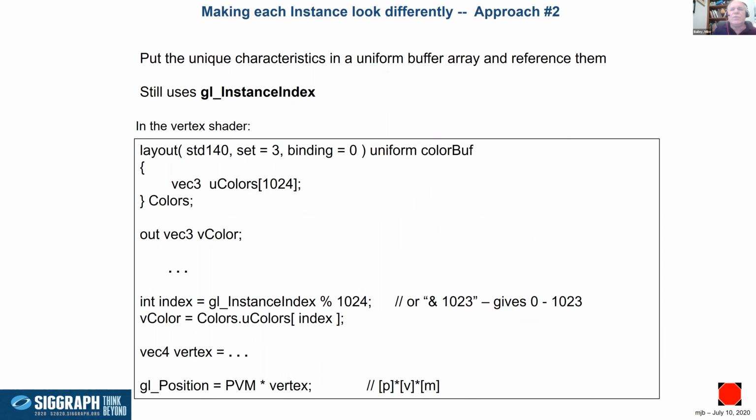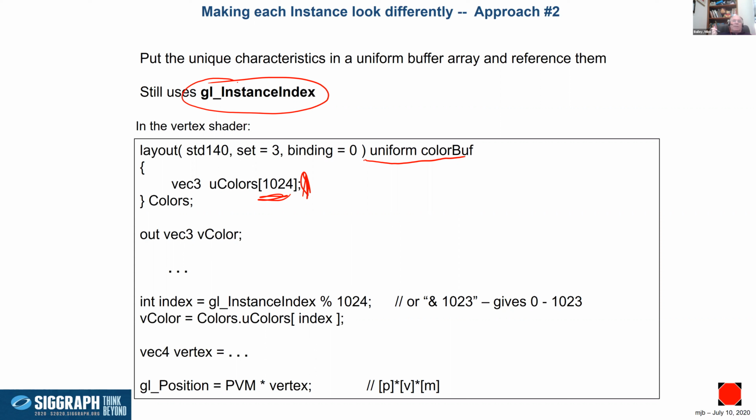There is another way to do that differentiating. It still uses the instance index. However, what you can do is set up another uniform buffer that maybe has a list of colors in it. And again, this isn't hard to set up, right? Because over on the CPU side, you're just going to set up a struct with that array of colors, create a data buffer, do memory mapping and copy that list of colors over. And it probably never changes.